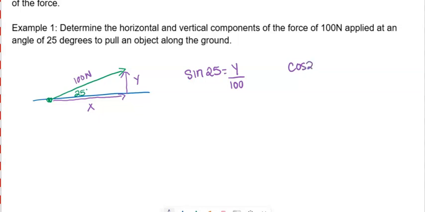And looking at the horizontal component, I'm going to use cos and have x over 100 newtons. When I calculate this, I have 100 times sine 25, which tells me the vertical component is 42.2 newtons, and the horizontal component is 90 newtons.